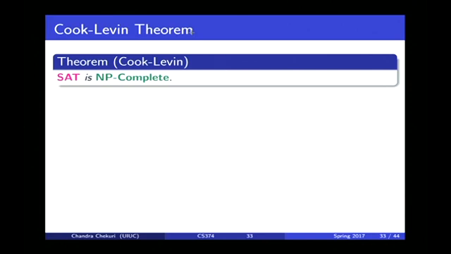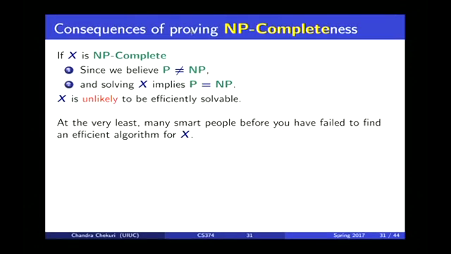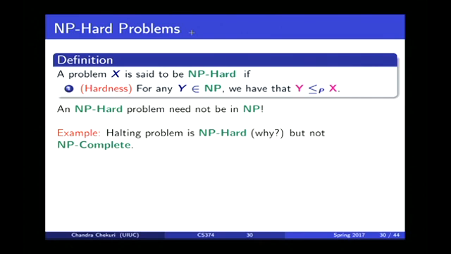So let me say a couple of words on why it is a little tricky to prove this. Remember, what should we do to prove that something is NP complete? The definition of NP completeness is that every problem in NP should be reducible to this problem.